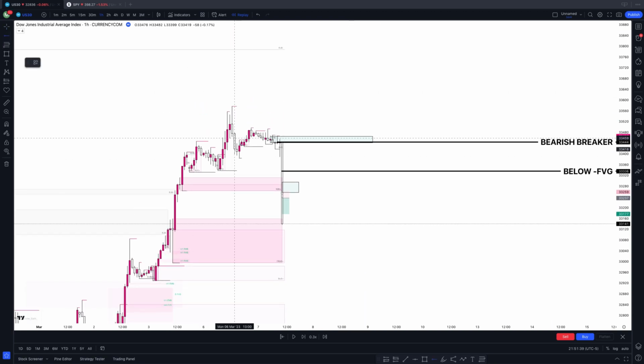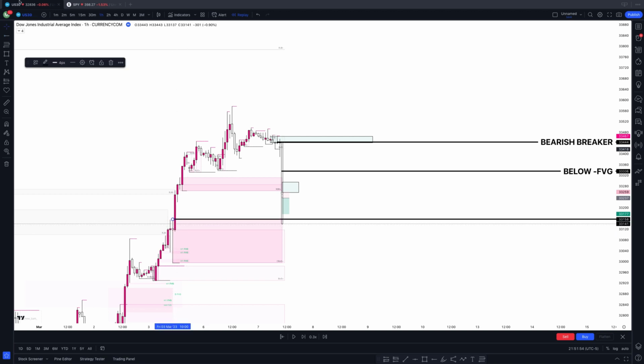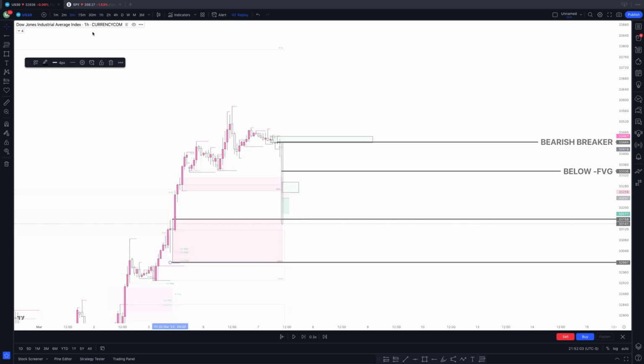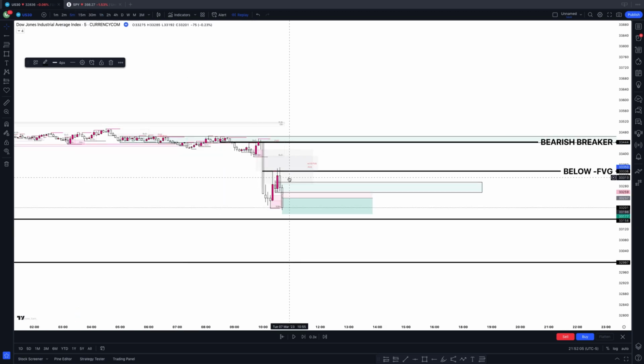My higher time frame targets were at the next swing lows. So that first target was there, and then I had another target here. Granted, I didn't stay in these whole entire targets, but I knew that the market would trade lower.